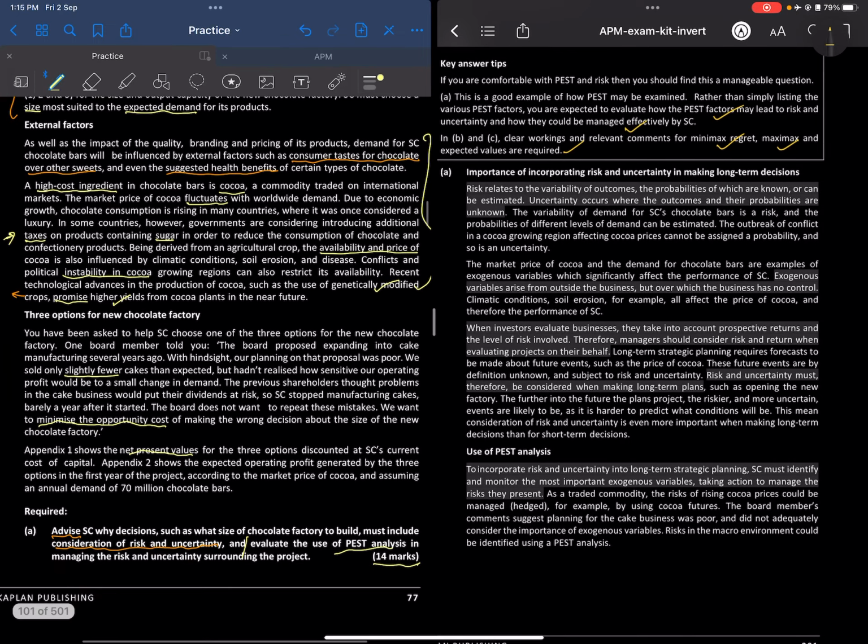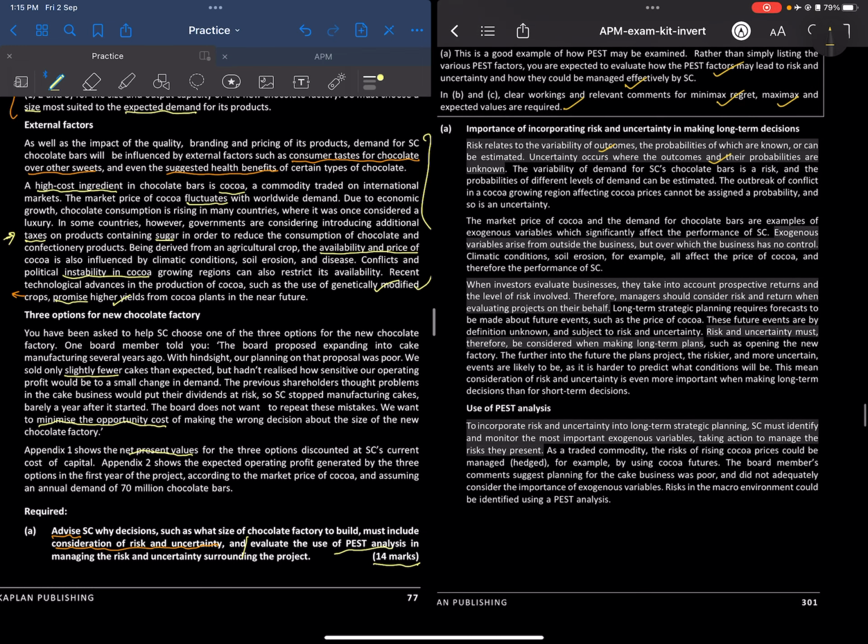A variability of demand, or variability of outcomes, and the probabilities which are known or can be estimated. Uncertainty is where the outcomes and the probabilities are unknown. So risk relates to variability of outcomes where the probabilities are known, whereas in case of uncertainty, the outcomes and their probabilities are unknown.